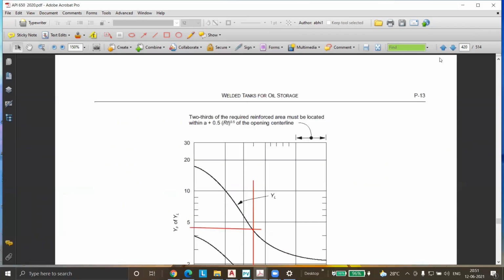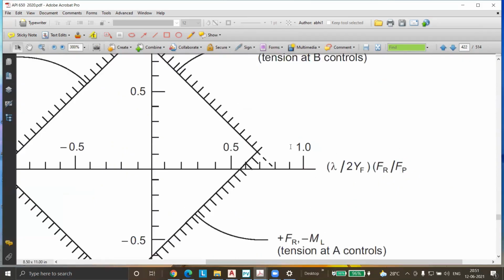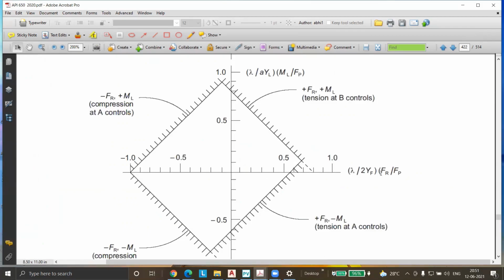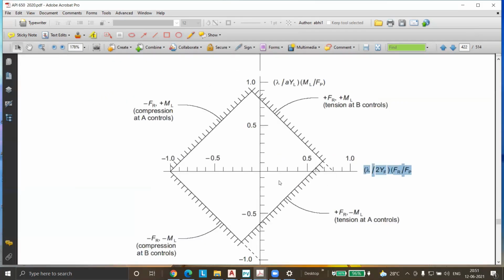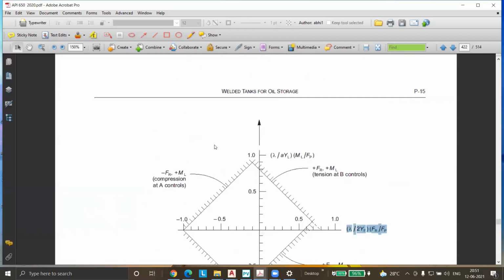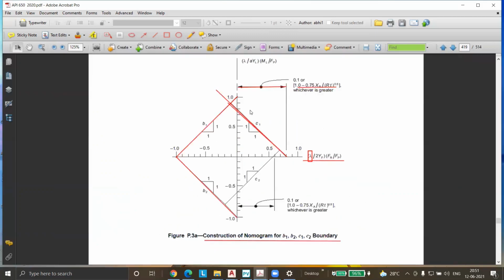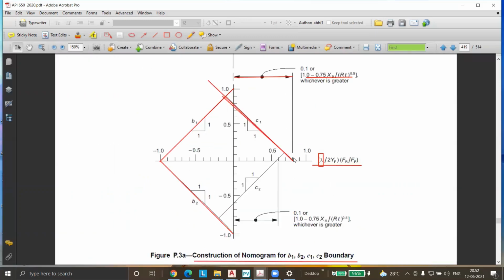So yes, where we were was at the nomogram. Now we have this lambda value also. If we are in this nomogram, what can be my maximum value of this? It is limited by these two points. Whichever is the minimum, this can be larger, this can be smaller.